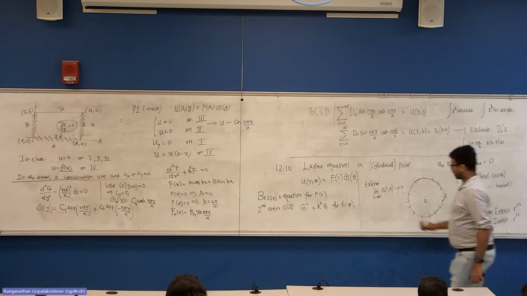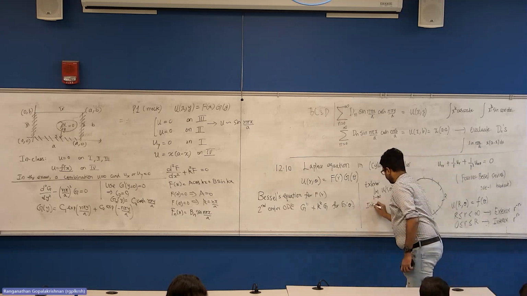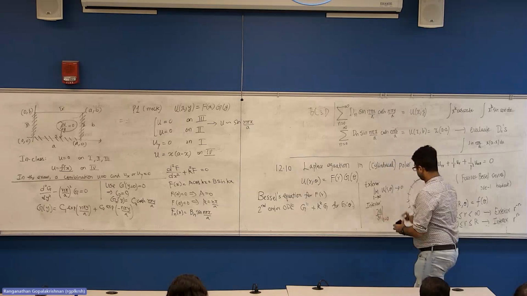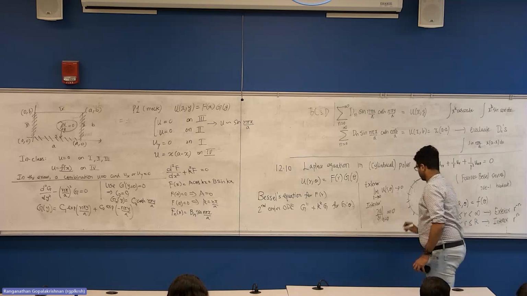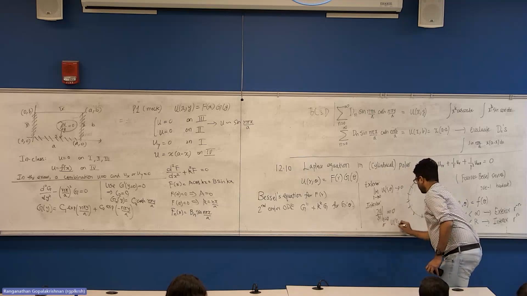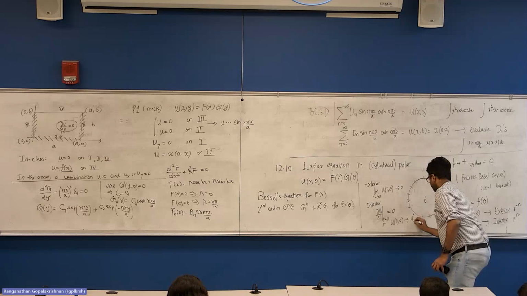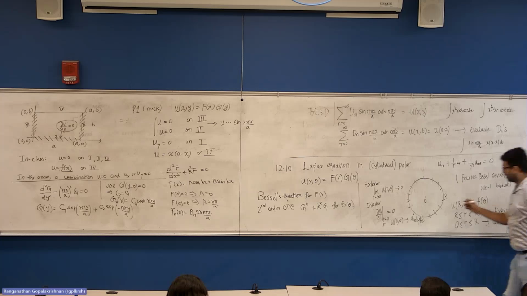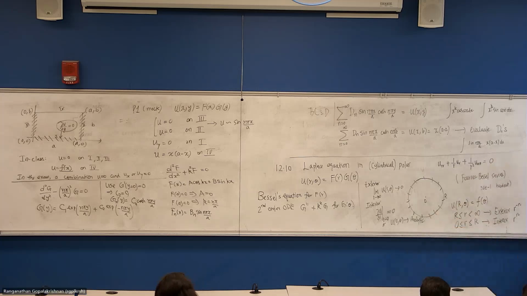For the interior domain, partial u of partial r at r equal to 0 should be 0, or you can also say u of 0 comma theta should be analytic, which is your reason to reject the second Bessel's function, or Bessel's function of the second kind.